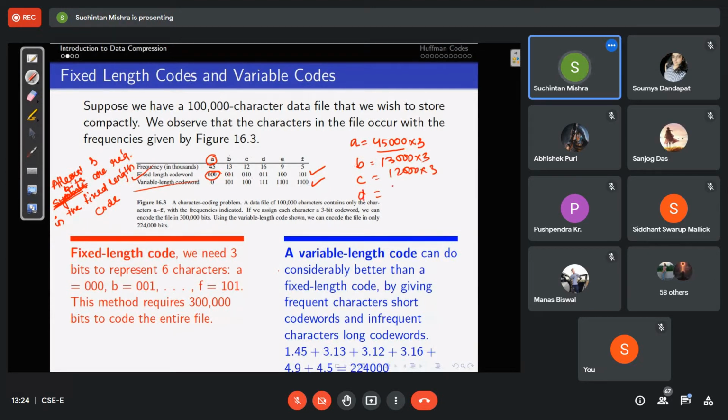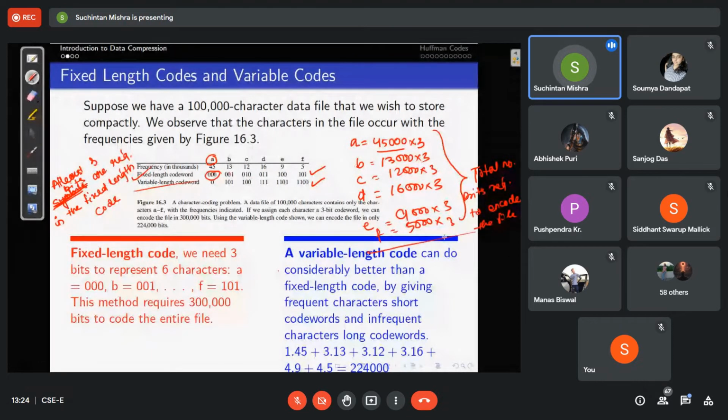For D, 16,000 into 3 bits. For E, 9,000 into 3 bits. For F, 5,000 into 3 bits. This is the total number of bits required to encode the file. Now calculate this total and tell me the total number of bits.